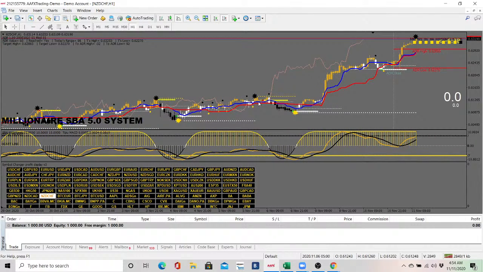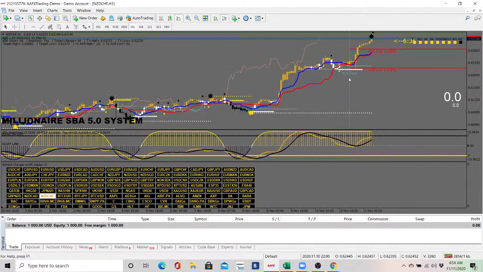More recently, from the daily open right here, this dotted white line represents the daily open. Since the market opened, it has hit the ADR high, about 80 or so.